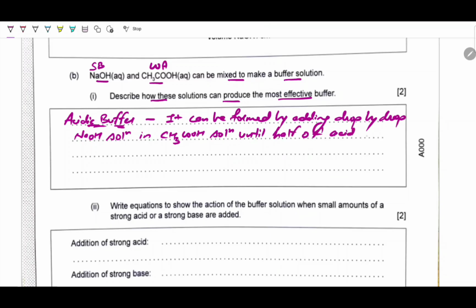What I mean by this is, since they have the same concentration, I should add about 7.5 ml, half of 15 ml. About 7.5 ml of NaOH should be added.